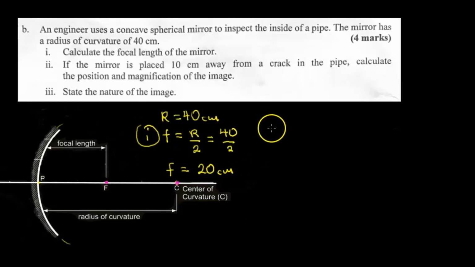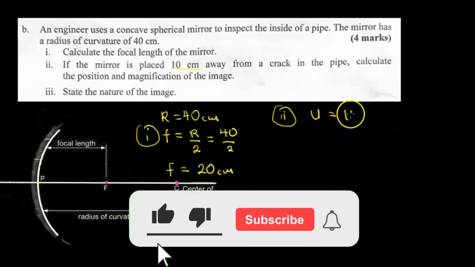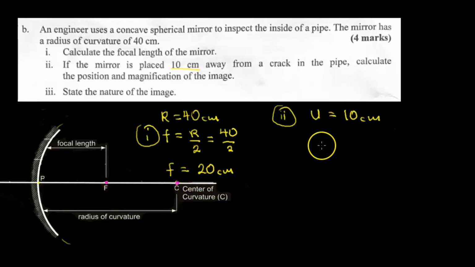Now the question says we should calculate the position and magnification of the mirror. If the mirror is placed 10 centimeters away from the crack, it means that we've been given the object distance. So we've been given object distance u to be equal to 10 centimeters, and we have our focal length here to be 20 centimeters.